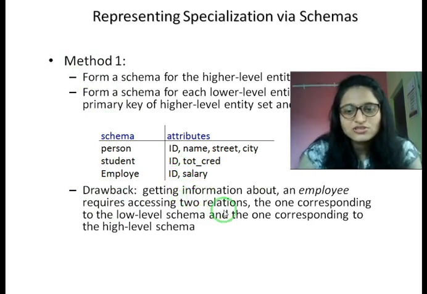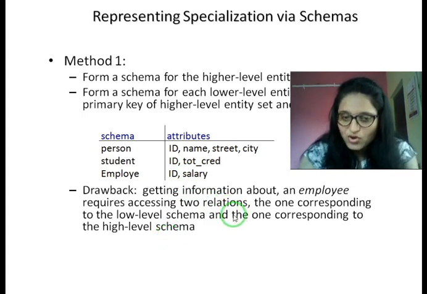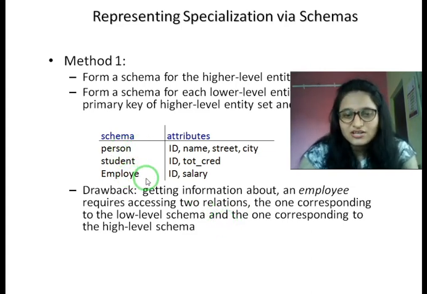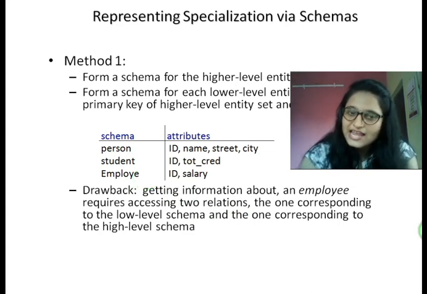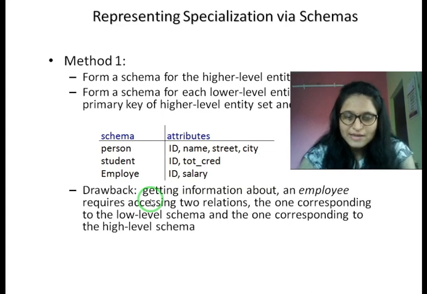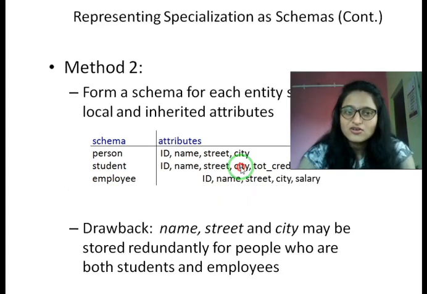Getting the information about the employee requires access to two relations, person and employee: one corresponding to the low level schema and one corresponding to the high level schema, where the low level schema is employee and the high level schema is person.